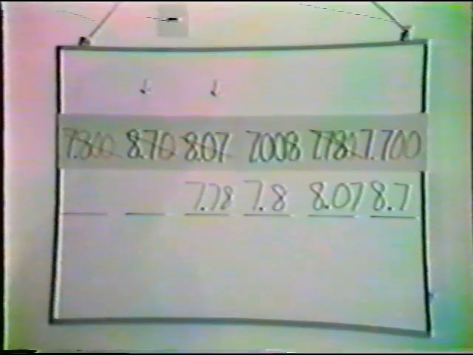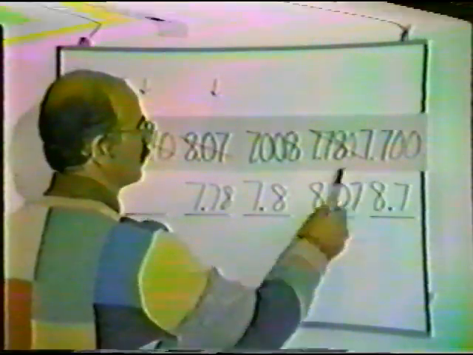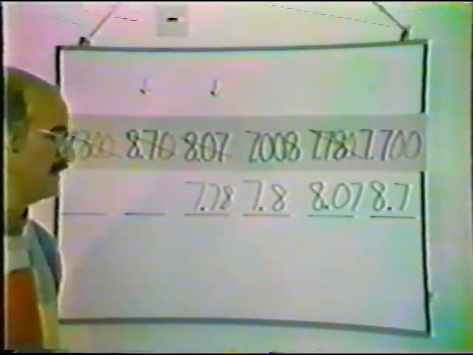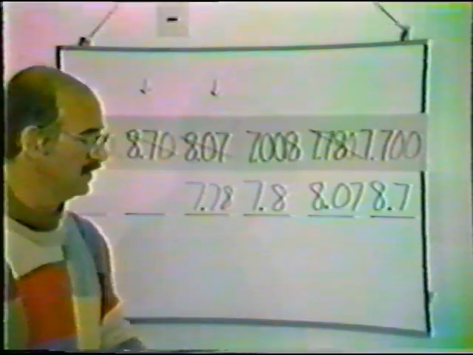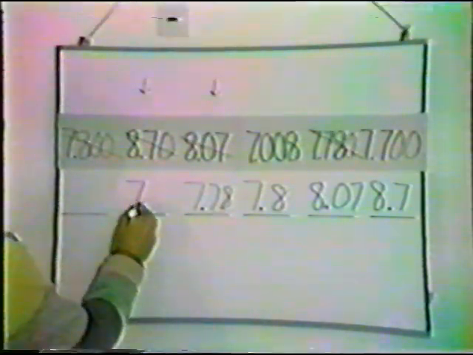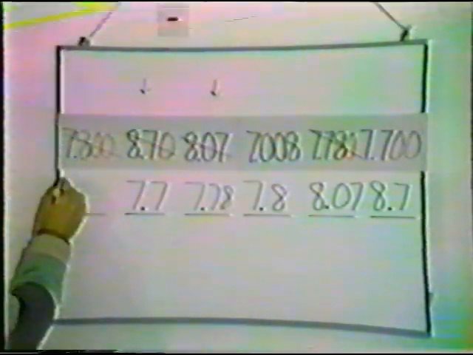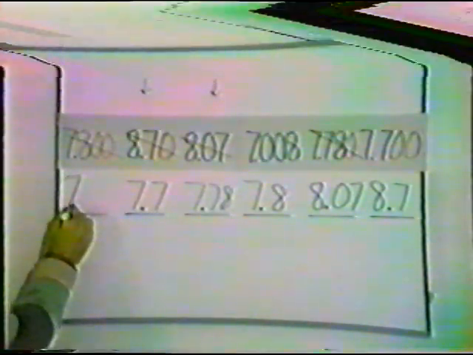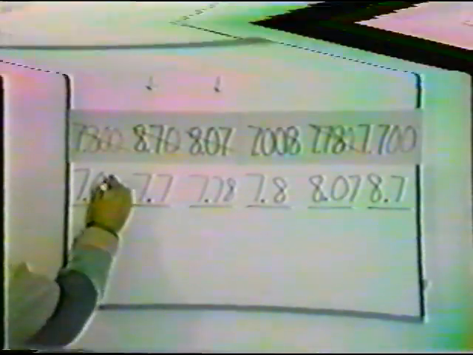And we only have 2 more left. Of these two numbers, which is the larger? Read me the entire number. 7 and 700 thousandths. And we'll just write 7.7, and that leaves the last one, the smallest one, to write over here at the beginning of our list.